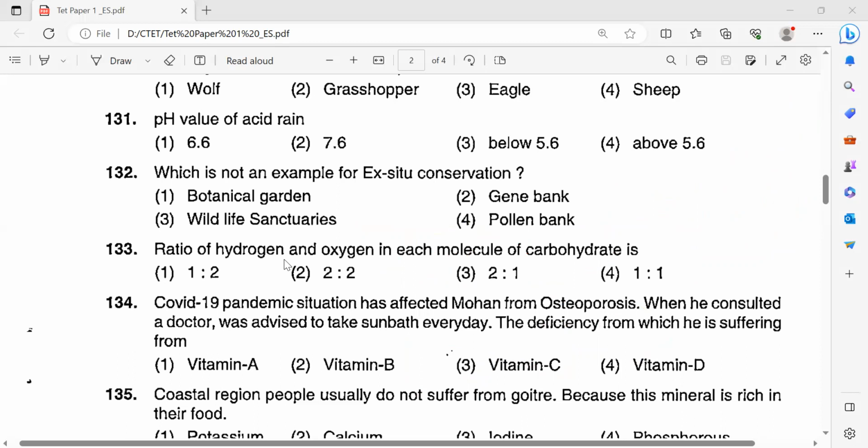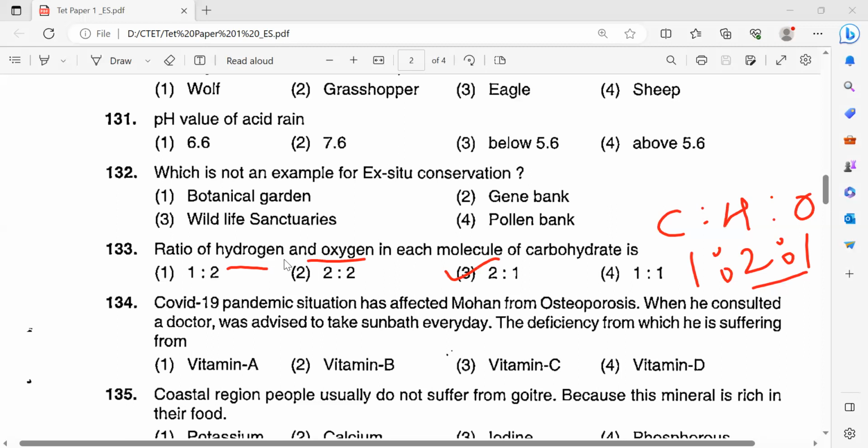Carbon, hydrate, water. Carbon, hydrogen, and oxygen will be in the ratio 1:2:1 in the simple carbohydrate. So they asked the hydrogen and oxygen ratio. The hydrogen and oxygen ratio will be 2:1. So option 3 is the right answer here.